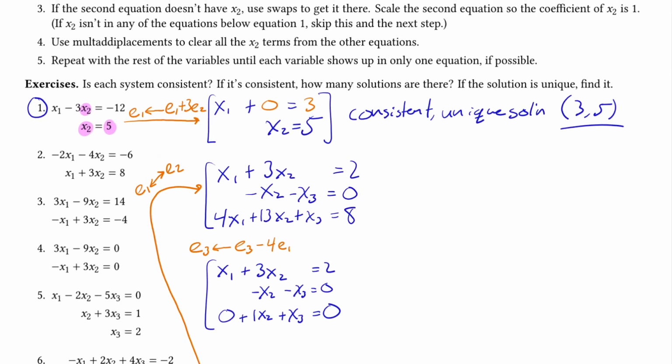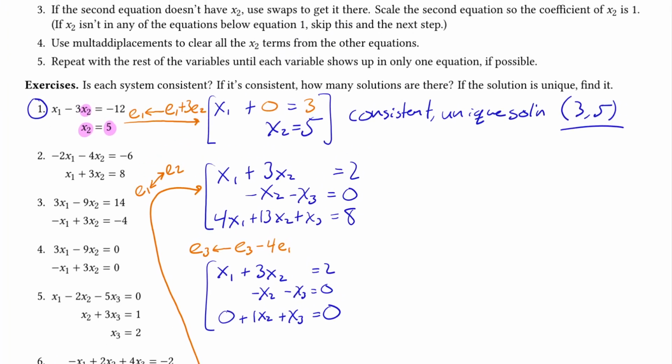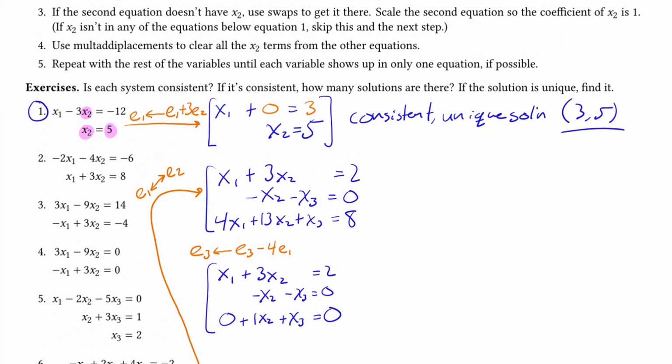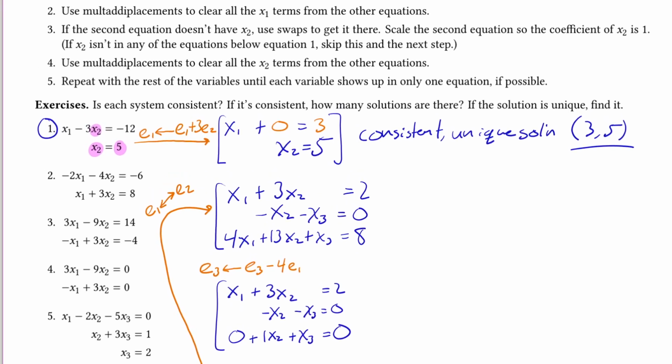Okay, so that's good. Let's see what's next in the steps. We are now on step 3, which says if the second equation doesn't have x2, use swaps to get it there. Okay, so the second equation does have x2, so we don't have to swap anything.